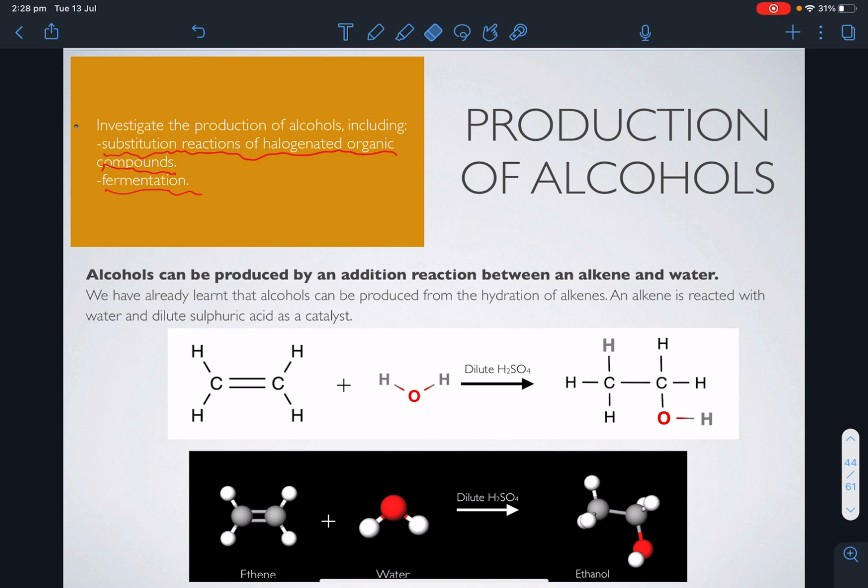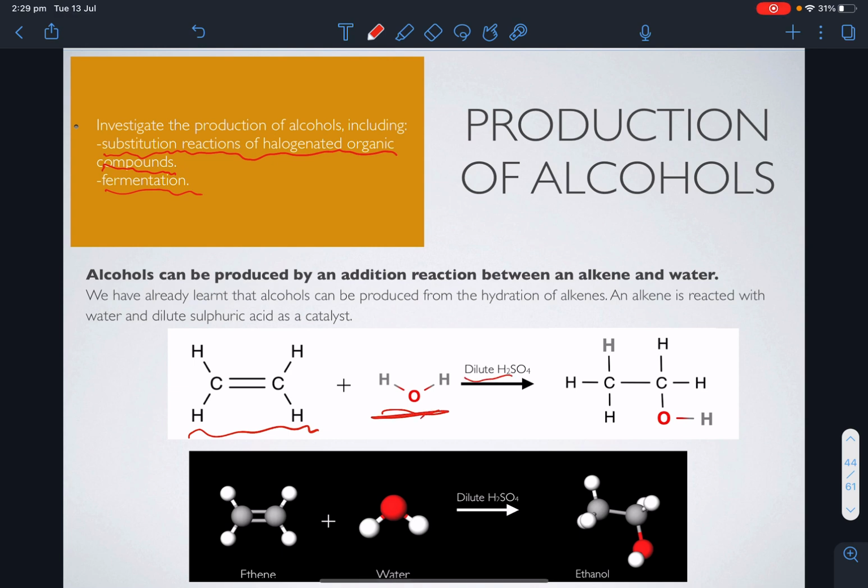So we already know that we can make an alcohol by the addition reaction between an alkene or an alkyne and water. So here in my example I've got ethene, and we're adding water across the double bond.